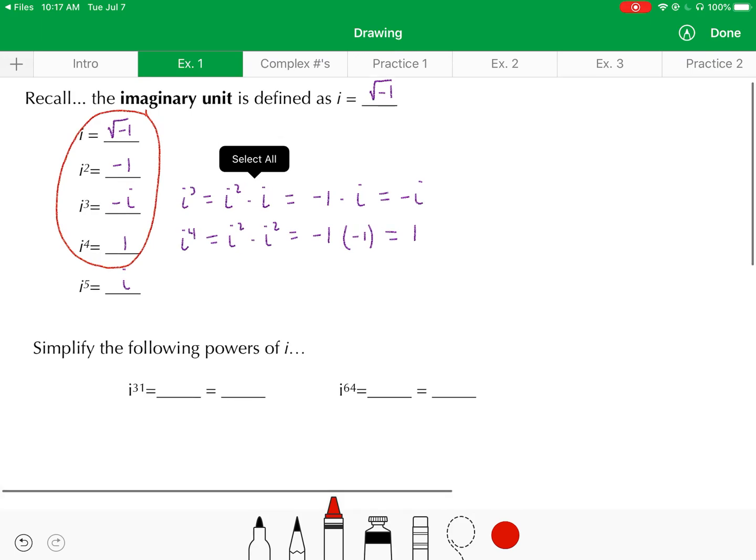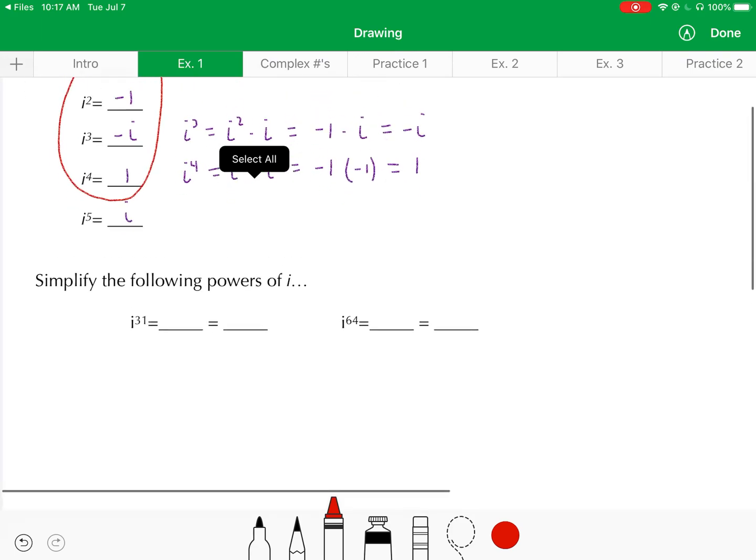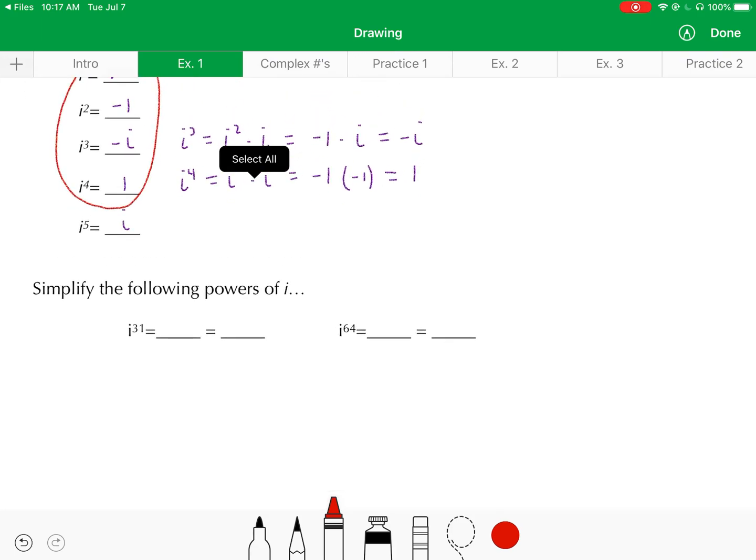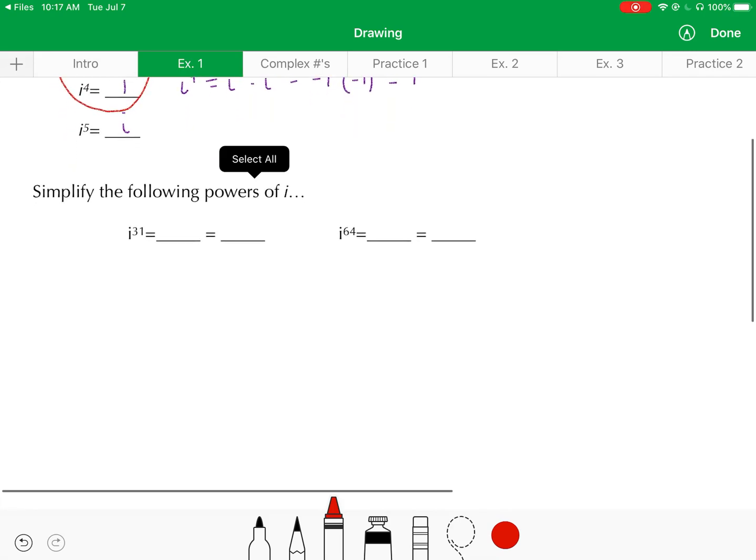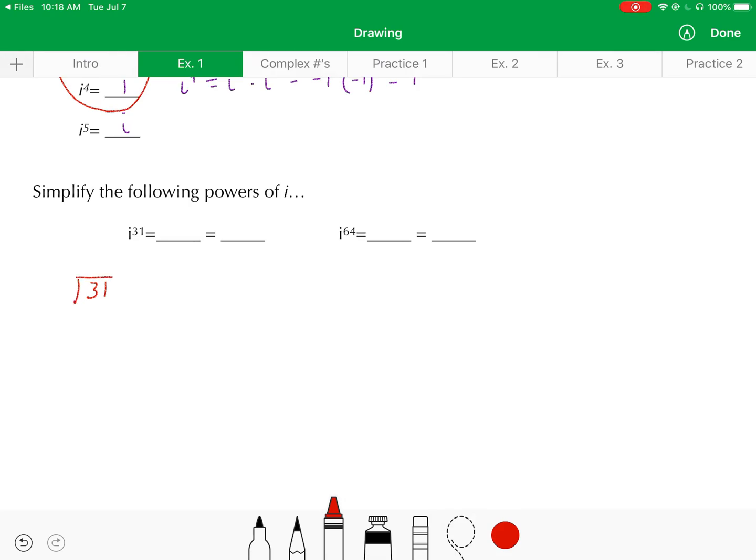All right, so let's use the fact that this pattern repeats itself every four powers of i to simplify i raised to some larger power. Starting with i to the 31st power, what I'm going to do to reason this out is take that power of 31 and divide it by 4, since the pattern repeats itself every four powers.